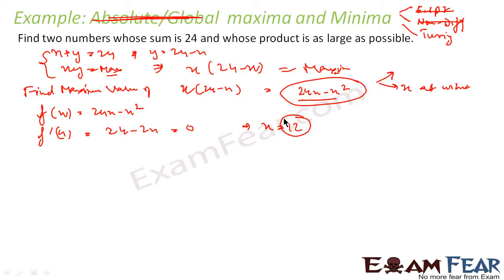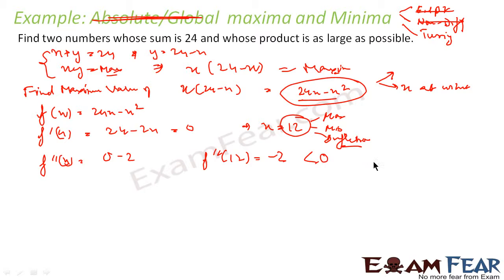Now I have to check whether at x is equal to 12 this function has a maxima, minima or inflection. To double check, let's find f double dash x. It is nothing but 24 becomes 0, minus 2x becomes minus 2, so f double dash of 12 is minus 2, and that is less than 0.